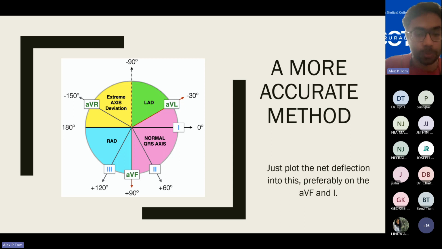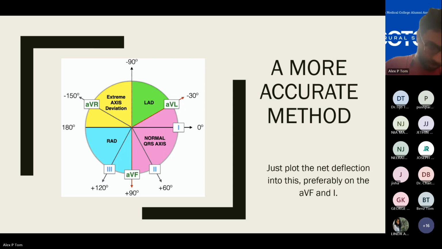Just to give you an example, if you get an ECG where in lead 1 there are, say, 5 positive deflections of the QRS complex, and almost no negative deflection, you just plot like 1, 2, 3, 4, 5, somewhere around 5 centimeters, somewhere around here.